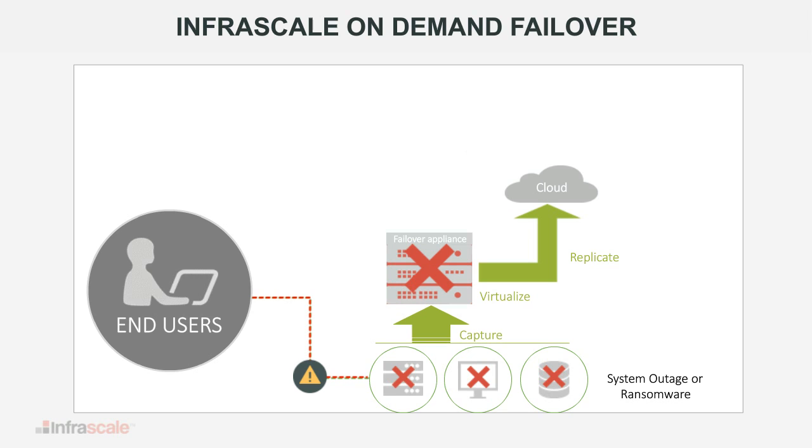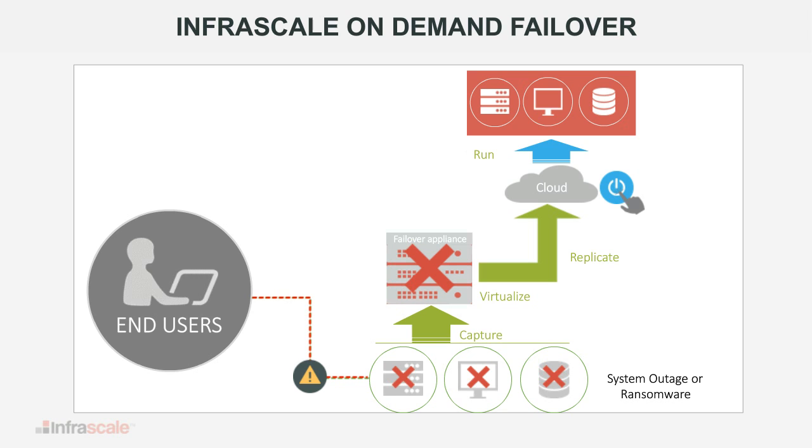But now let's simply assume a site-wide infection, a ransomware attack. So the local appliance is no longer available. But that's okay. We still use those same steps that I just mentioned. Here instead, we roll back to a clean environment. We fail over to the cloud. So we'll bring up a full virtual environment.